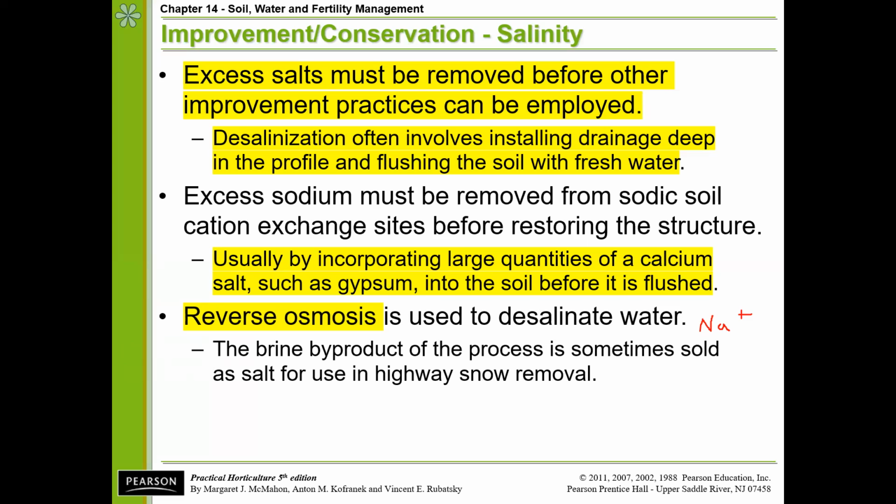It's kind of a method of doing that. It's not easy, it's not cost effective, but it can be used. Much more likely to do that in a situation like in a greenhouse or something. So reverse osmosis is a potential use. Generally, though, you don't really have those available. And it's not easy just to add reverse osmosis water on a large scale to a field.